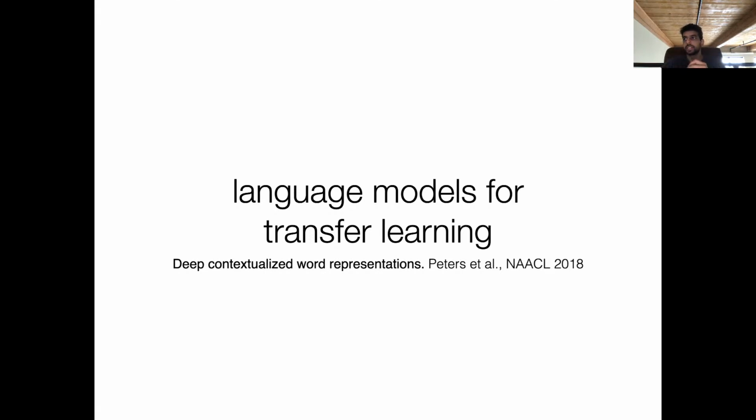But it was the first one to actually show big improvements by using this paradigm. And the BERT paper built on this idea, changed the model architecture from a recurrent model to a transformer, changed the objective of the model. So instead of predicting the next word, it predicted a masked word when it was surrounded by context on both sides. And finally, it changed the way in which we actually transfer the parameters of the model over instead of just their representations. So all of this will become more clear, hopefully, later on in this lecture.